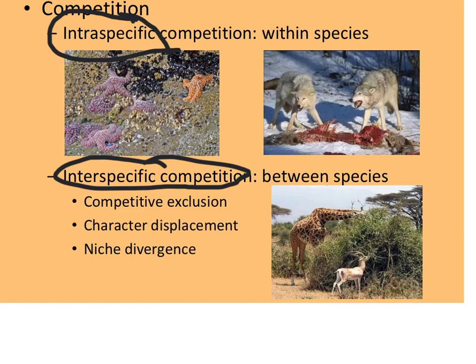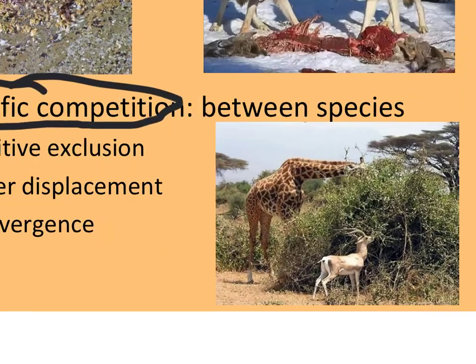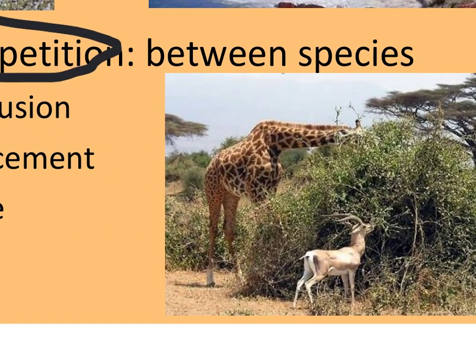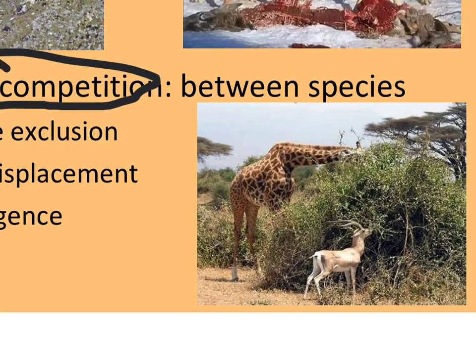Now, it turns out, of course, the giraffe can eat anything that this little gazelle could eat as well, right? But the gazelle can't eat what the giraffe is eating. But usually, eventually, the species change to eating different things.